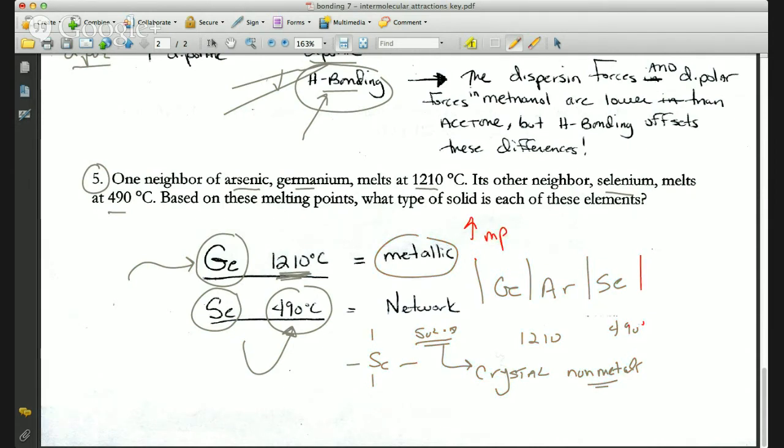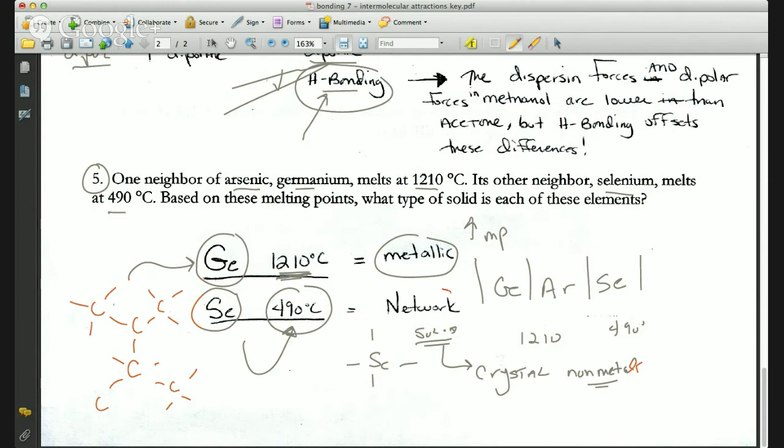But we have some nonmetals that make crystals, like for instance diamond, where carbon bonds to other carbons in a tetrahedral format, basically the tetrahedral bonds occur in all directions for other carbons, and that creates a network solid as well.